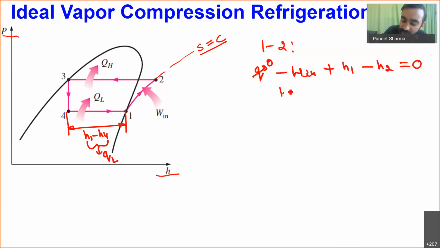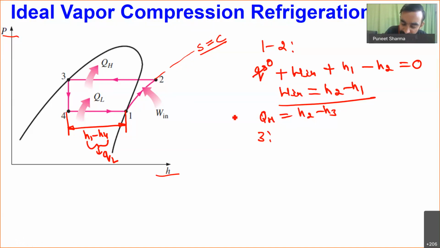So we will be finding our W in. So W in, I will be putting a positive sign over here because we are adding work to the system. So that's why this W in becomes equal to H2 minus H1. So this is the amount of work which we are adding. Okay. Similarly, I can calculate QH as equal to H2 minus H3, and for process number 3 to 4.